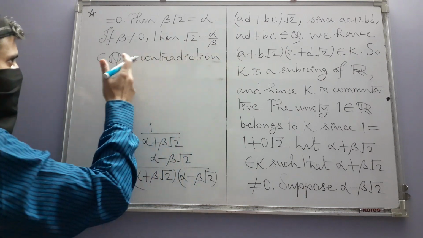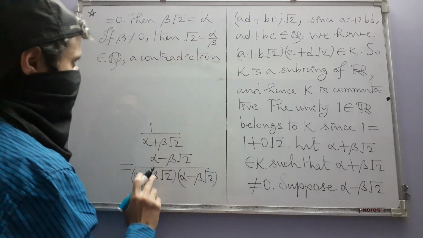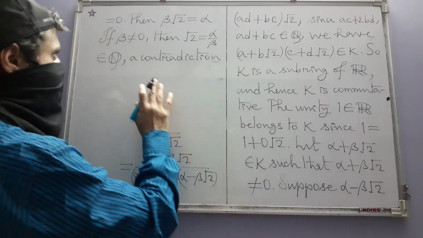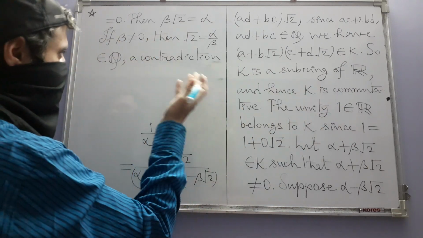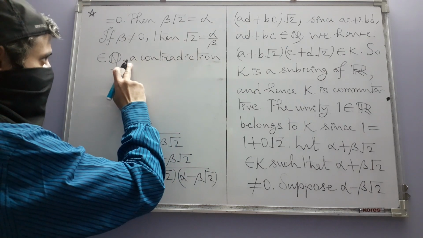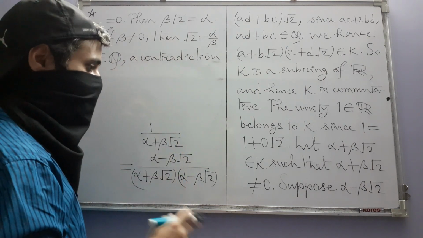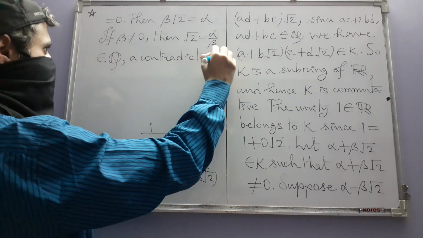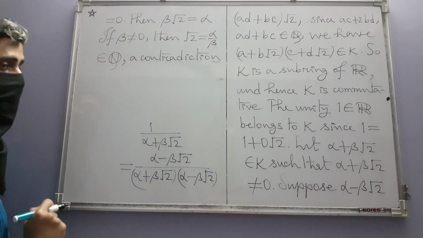If you write this much, then all the things are almost written, because you need not write absolutely everything in words. What I'm saying here is that you need not write that this is a contradiction because we know that root 2 is irrational. Those things are understood. So that means beta cannot be non-zero.